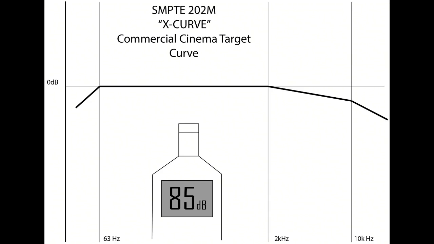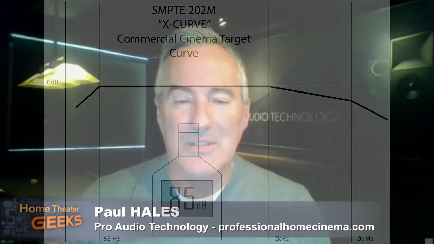You can see it's flat from the bass frequencies through the mid-range. Then at 2K it slopes down at minus 3 dB per octave, and there's another inflection point at 10K, and it slopes down 6 dB per octave from there. That's what they use as their EQ target when somebody calibrates a cinema and sets up the sound.